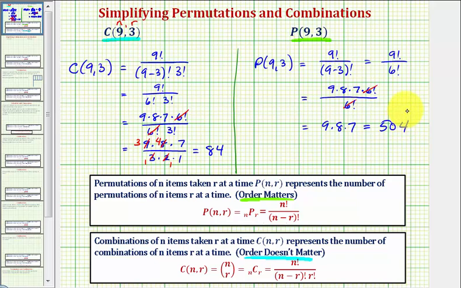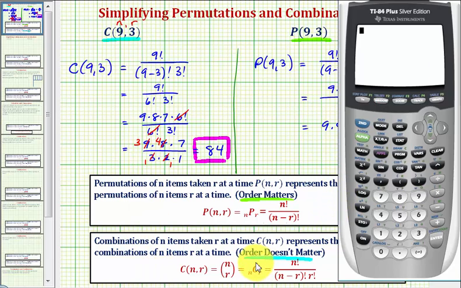And just as we expected, the number of permutations is a lot higher than the number of combinations. Now let's go ahead and check both of these on the graphing calculator. The graphing calculator uses this notation for a combination and this notation for a permutation.